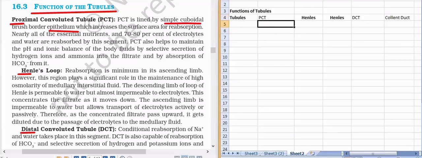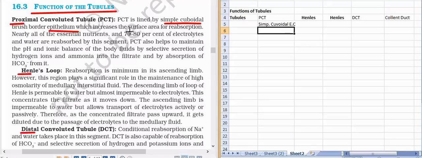So in the notes, the first point will be that it's made up of cuboidal epithelial cells. That is simple, actually. You might have studied simple, stratified, cuboidal, columnar in the basics of 9th and 11th class. Simple cuboidal, so you have to remember this.